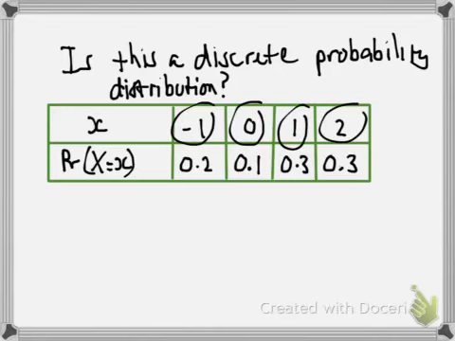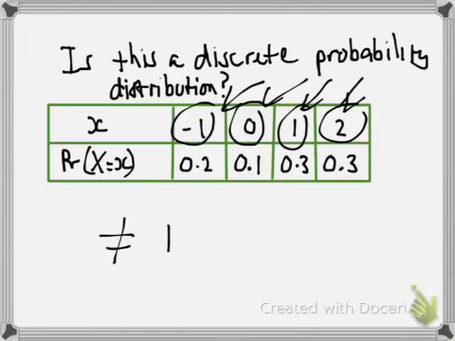Later on, when we do gambling examples, that -1 could be losing $1, breaking even, winning $1, winning $2. So the x values can be negative. There's no problem with that. It's the probabilities that can't be negative. And they meet the first criterion, that is, they're between 0 and 1, but they don't add up to 1, do they? So not equal to 1. So no.